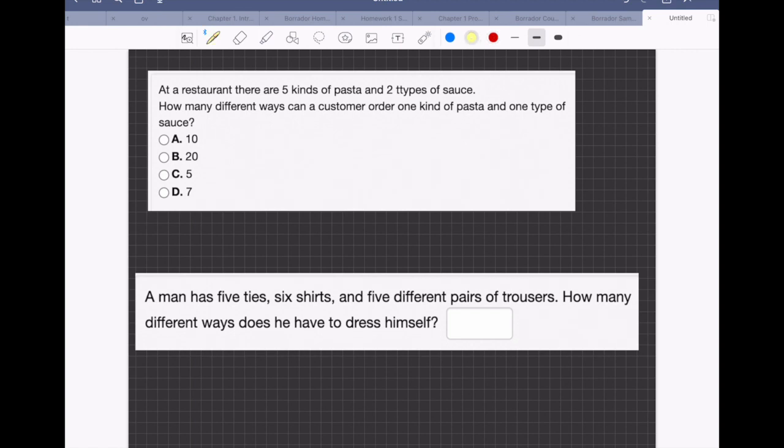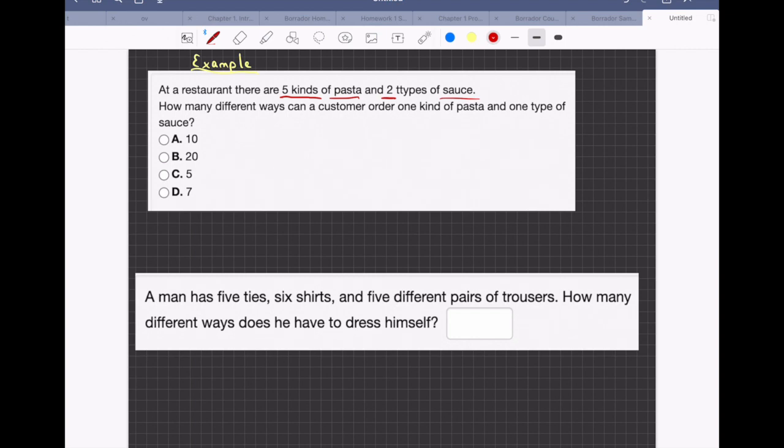examples. This is one example from your homework in WeBWorK. It says at the restaurant there are 5 kinds of pasta and 2 types of sauce. How many different ways can a customer order one kind of pasta and one type of sauce?